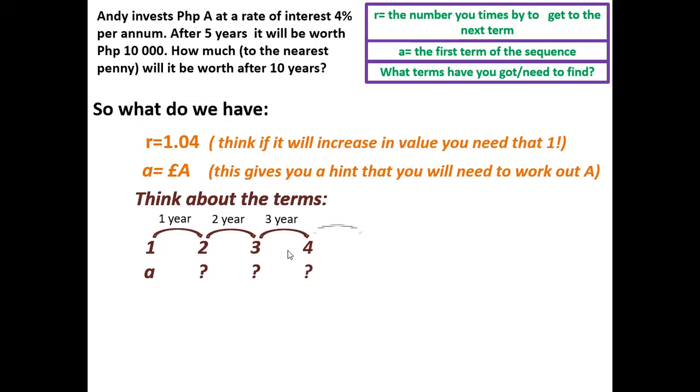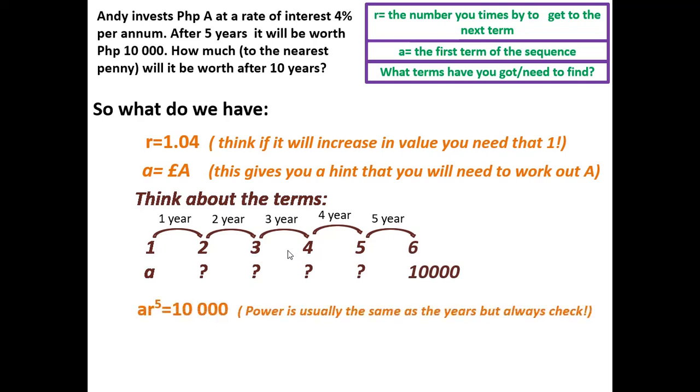Pero after 5 years, so 1, 2, 3, 4. So after 5 years, meron na siyang 10,000 pesos. Okay? So, AR to the 5th is 10,000. Okay? So, the power is usually the same as the years, but we have to check that. So, AR5 is 10,000. So, AR10 is unknown.